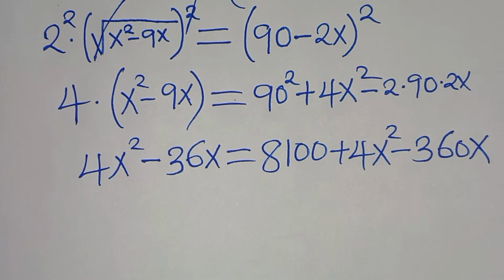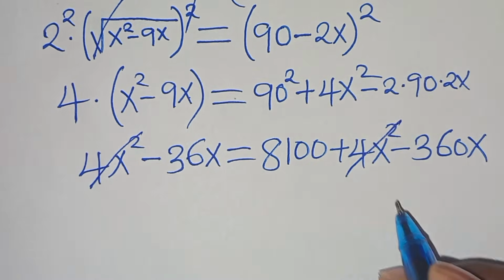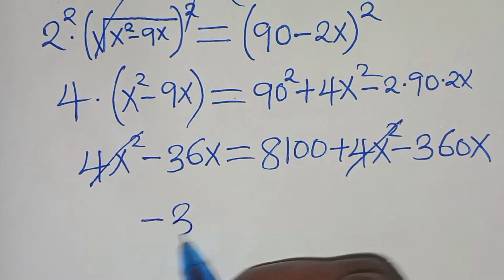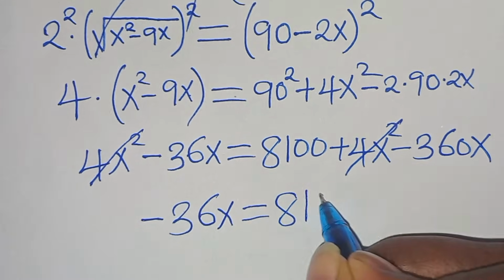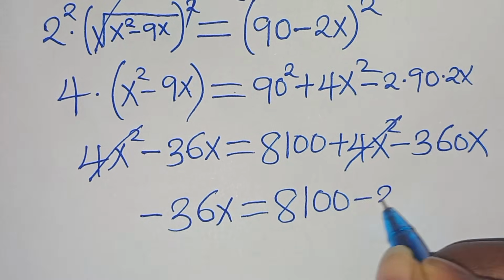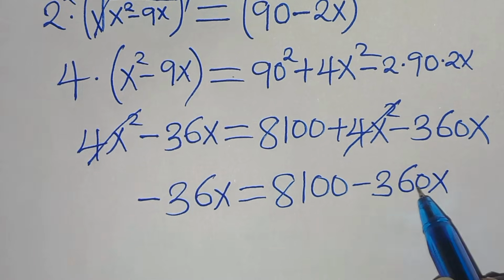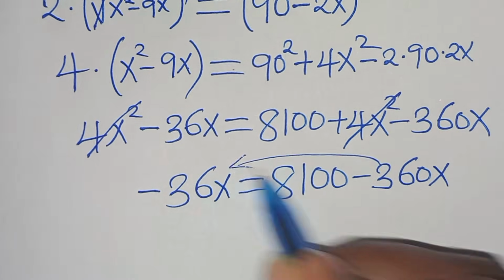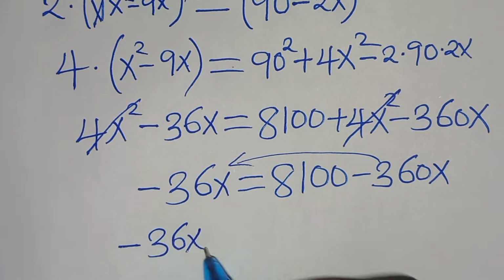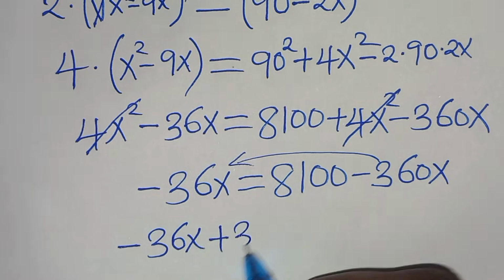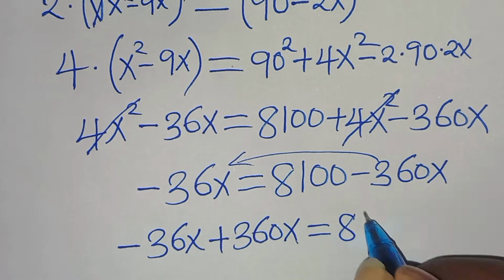The next step is that 4x squared is common, so we can simplify it, and now we have minus 36x equal to 8100 minus 360x. Let's take minus 360x to the left hand side, so that we have minus 36x plus 360x equal to 8100.